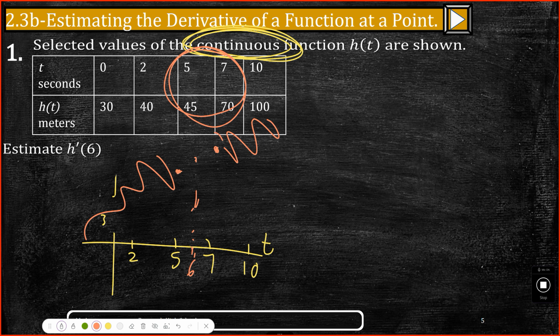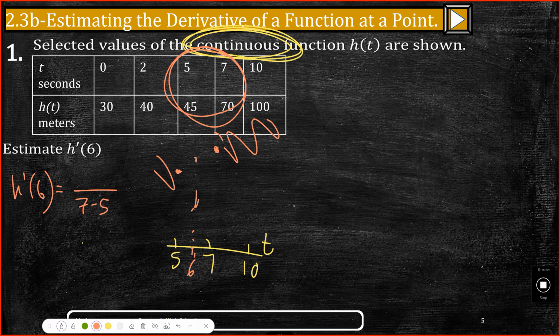So we can get that answer by saying that h prime of 6 will be equal to 7 minus 5. That's going to be the inputs, and the outputs: the output of 7 is 70, the height, and the height at 5 is 45.